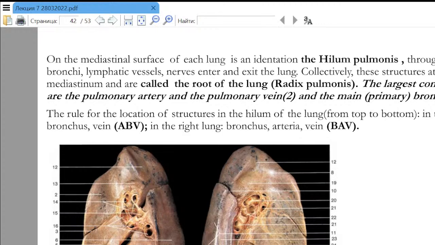This is ABV, a short abbreviation. In the right lung, you see bronchus, artery, vein. Left: artery, bronchus, vein. Right: bronchus, artery, vein. This is the rule for the location of structures in the hilum of the lung.